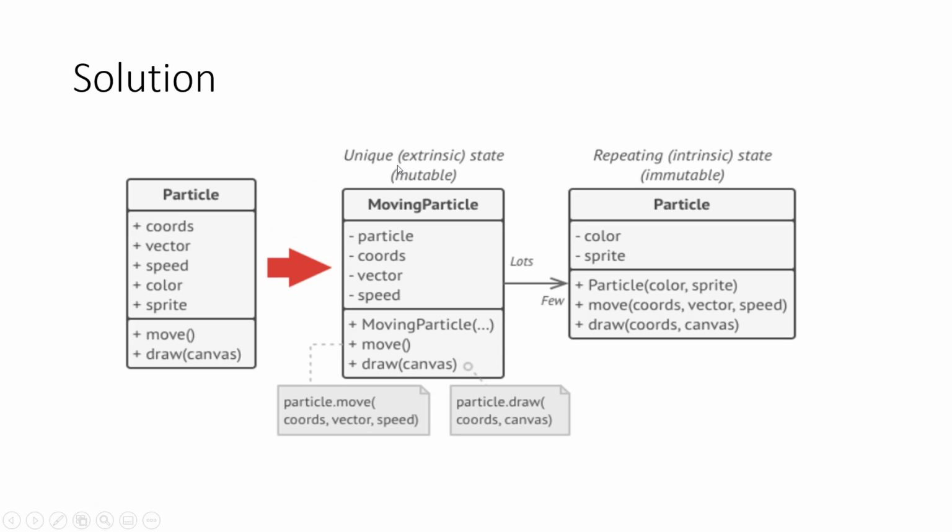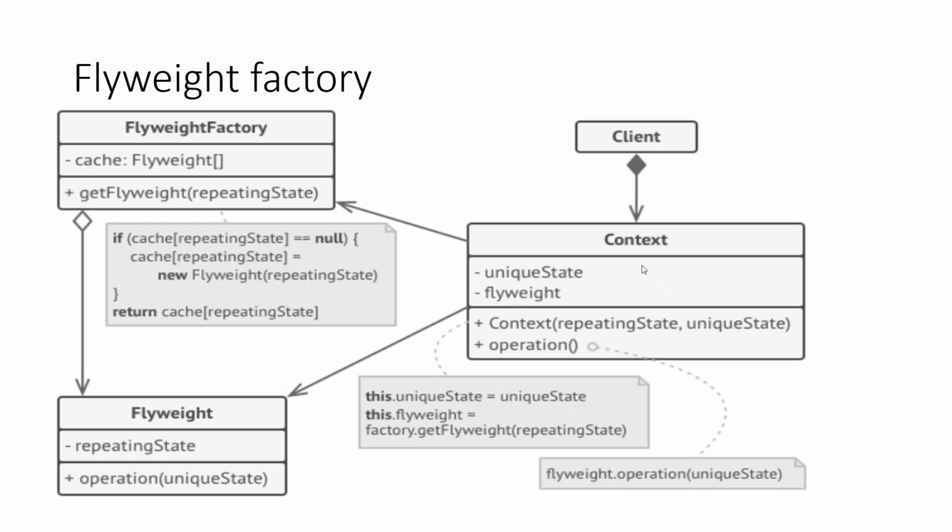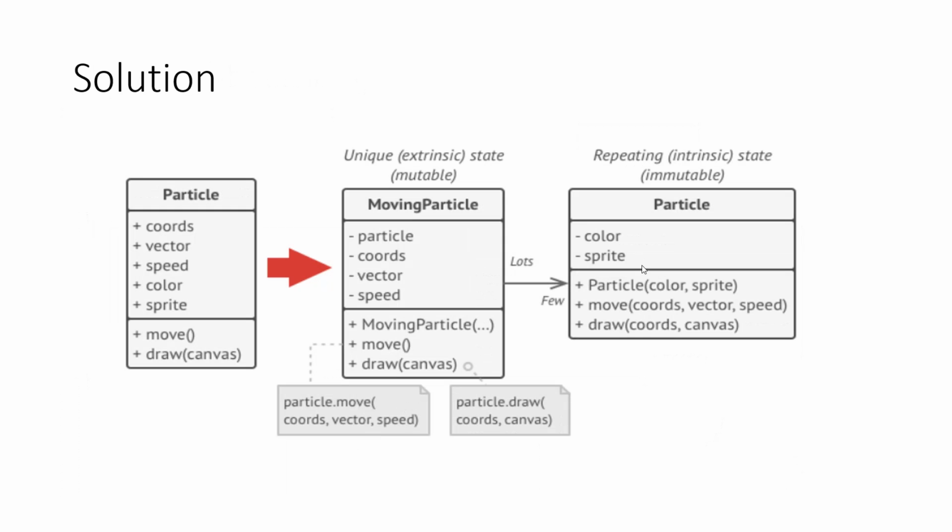Based on the uniqueness, we'll be creating many moving particles, but we'll be creating only one particle per one color of bullet. This will reduce the memory very drastically. But we need to make sure that we create only one instance for one kind of intrinsic state.